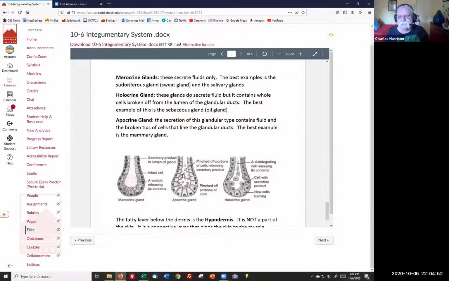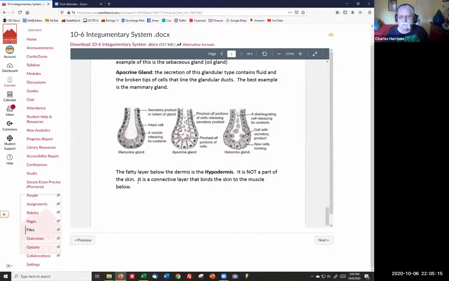The best example here is the mammary gland, which is not a part of the lecture, of course, but just to identify the third type. The mammary gland, in secreting milk, secretes broken cells, partial cells and their contents. Repeating, the fatty layer below the dermis, hypodermis, is not a part of the skin.